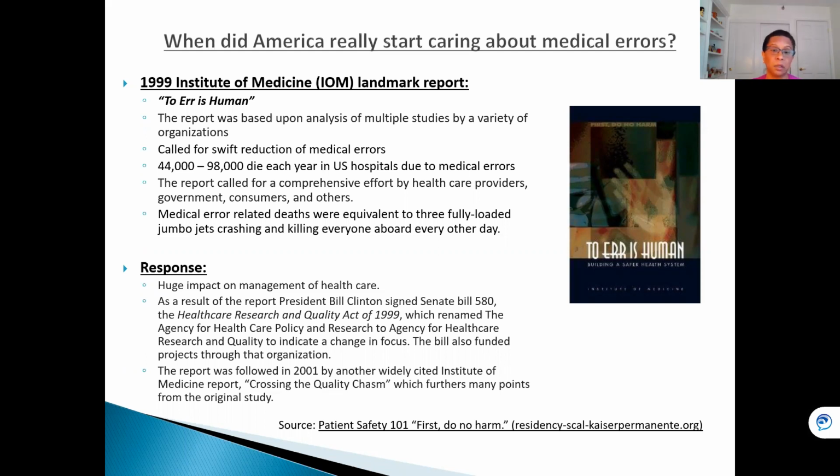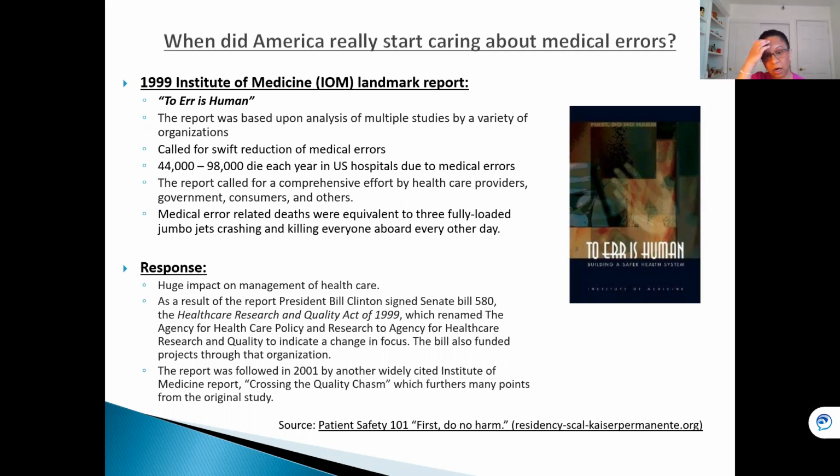So what was the response or the next steps from this report? There was a huge impact on how healthcare is managed. As a result, President Bill Clinton signed a bill which renamed the agency where I am now. AHRQ used to be called the Agency for Healthcare Policy and Research, which is now the Agency for Healthcare Research and Quality.